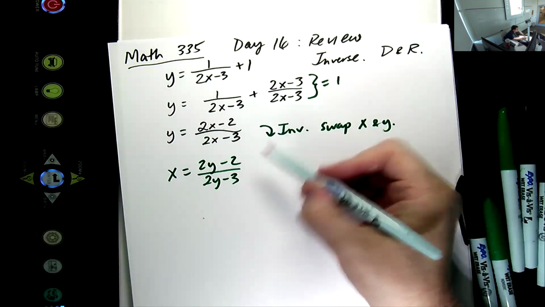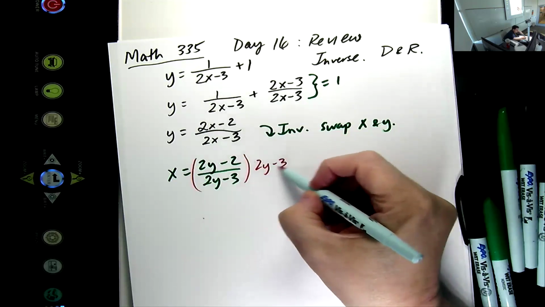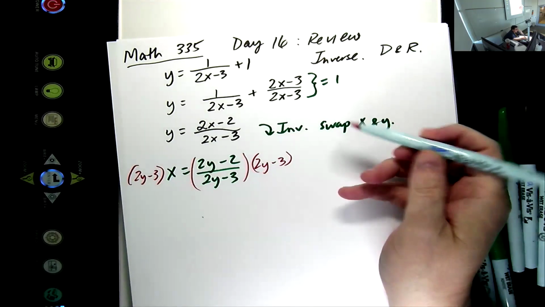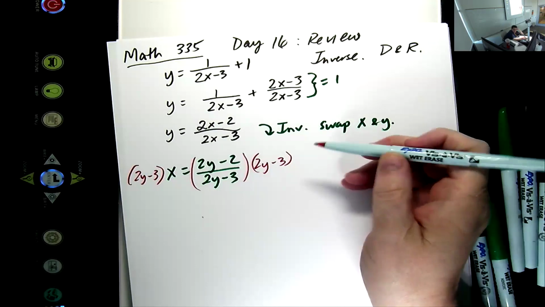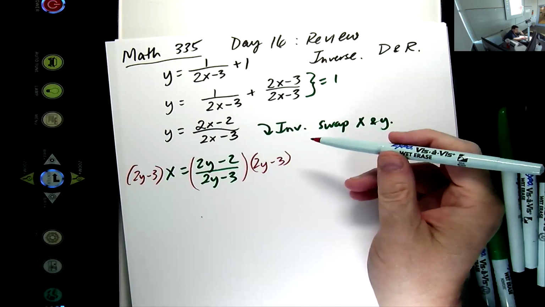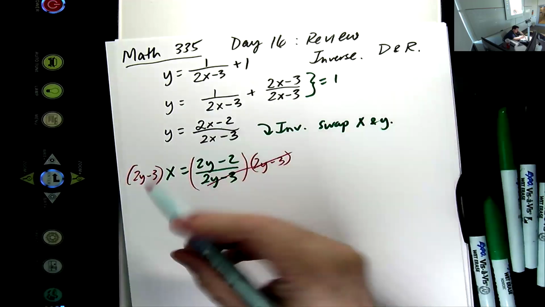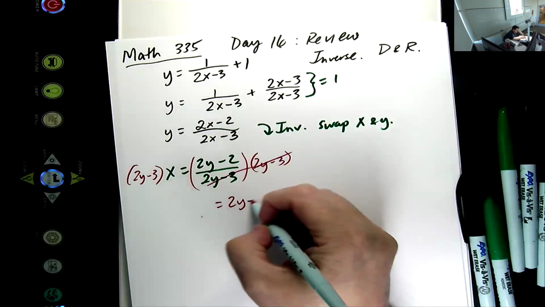So forget brackets, right? We're gonna multiply both sides by 2y minus 3. And this allows us to clear that denominator, and on the right, I have 2y minus 2.